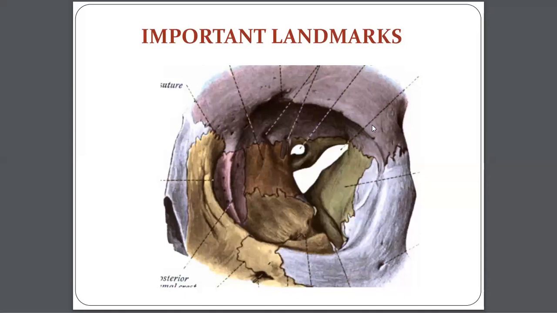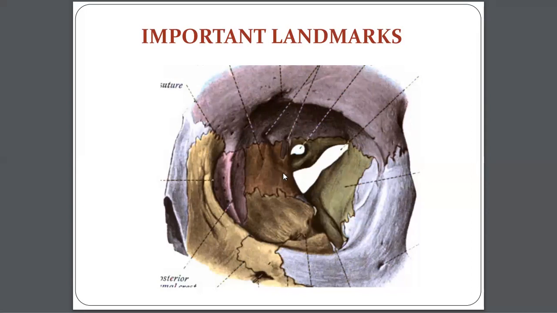As we have done the norma frontalis, if you remember, we have studied that this is the orbit. We have different boundaries of the orbit, like it has a roof. The roof, what is shown in this violet color, is the frontal bone. Then this is the floor of the orbit, where we have the maxillary bone and zygomatic bone. Then we have the medial wall, then we have the lateral wall.